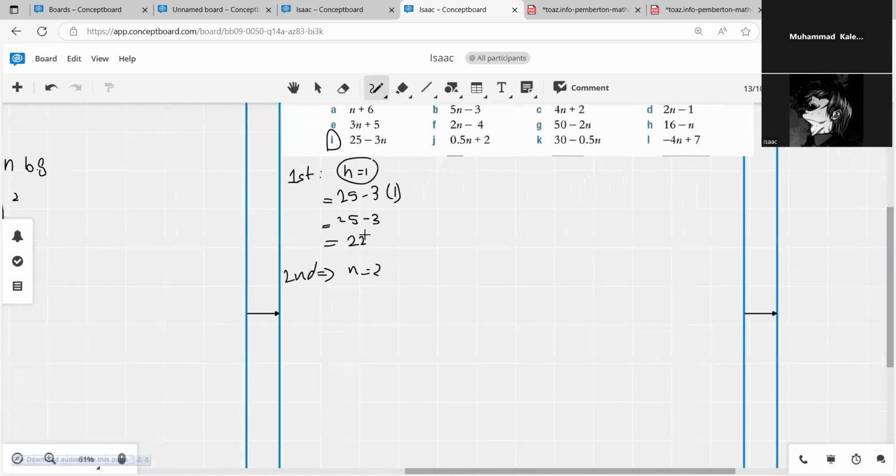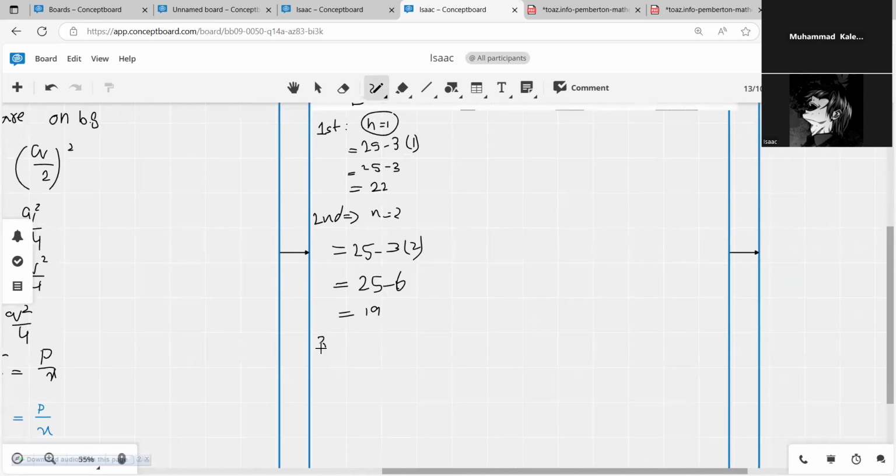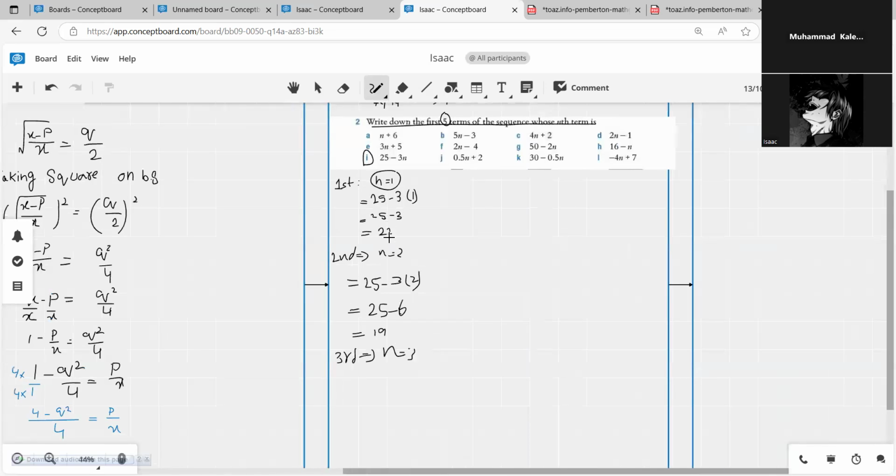Now let's calculate the second term in this pattern. It will be 19, because 25 minus 6. Similarly, calculate the third term. For the third term, we replace n with 3 in this pattern, so it will be 16.